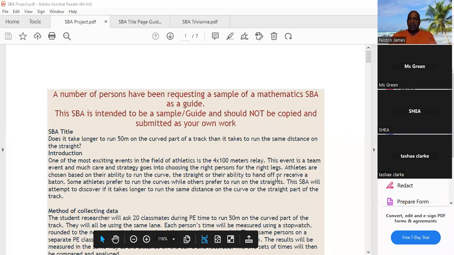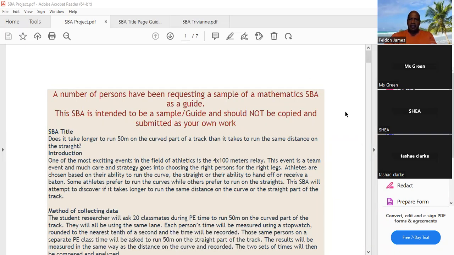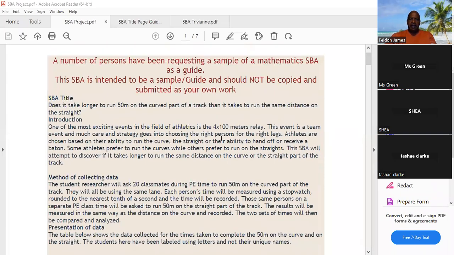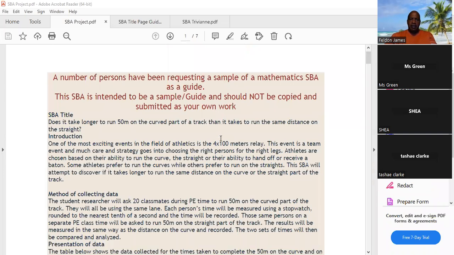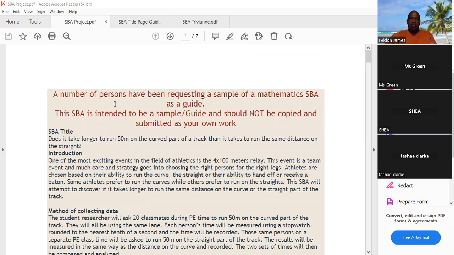All right, so here we have a sample of what the SBA should look like. This is what the sample guide would give you. Here is an example of what your SBA title should look like.